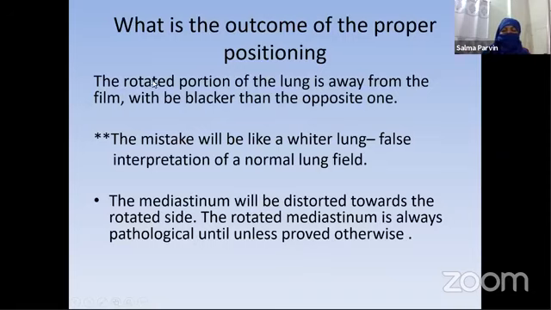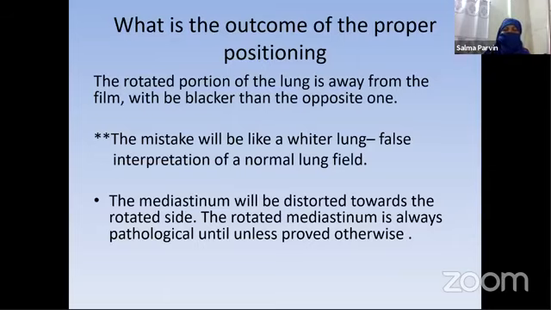The rotated portion, that means whenever you have no optimum positioning, or the positioning is improper, it means that the patient is not standing properly at a central position. He or she might be losing any half of the body from contact with the X-ray film.